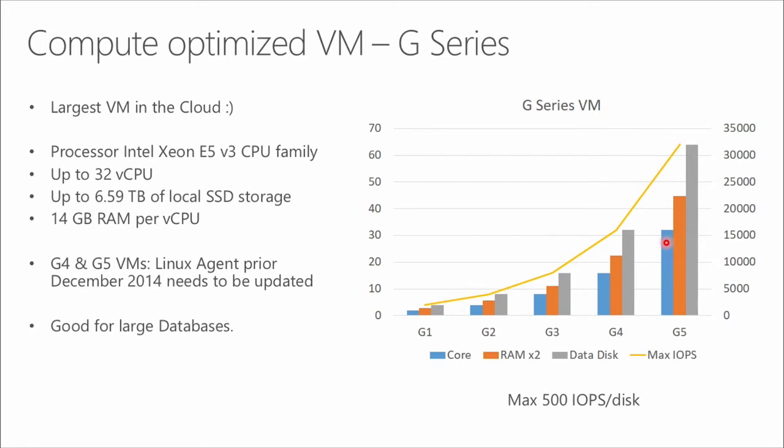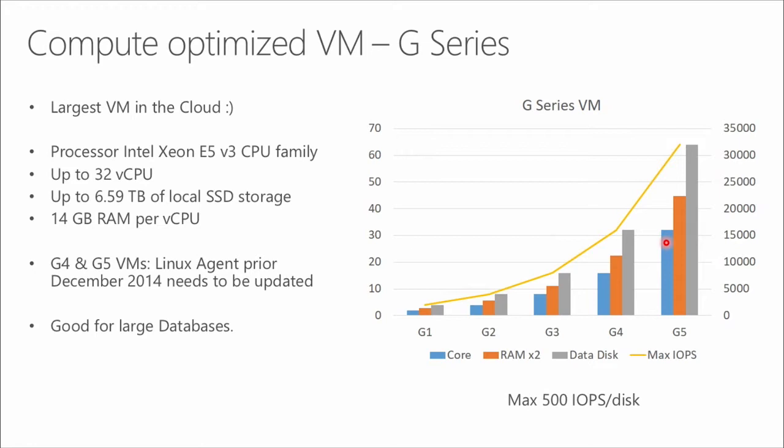You can think of 6.59 terabytes of local SSD storage. Terabyte, not giga. Yeah. Terabyte. It's 6,590 gigabytes, and it's big local storage. So you want to think of that for large VMs that have replicas and things like that.